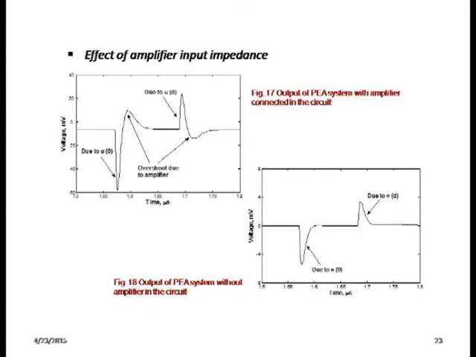This is the effect of the amplifier input response. Every system also has some transfer function, you know. Even though you are applying a probing pulse which is very sharp, ideal and impulse in nature, so the generated acoustic wave is also fine and represents the charge within the insulation, as it is transmitted through various materials and finally reaches the transducer, and from the transducer it is amplified using an amplifier.